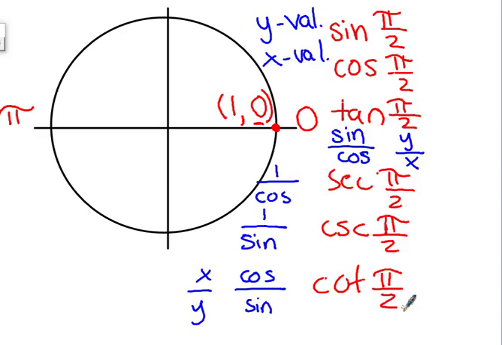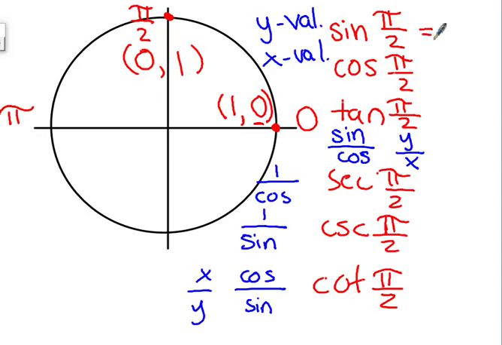Going to the top of our circle, now I'm on the y-axis. So my x-coordinate at pi over 2 is 0. I've gone no units to the left or to the right, so I'm at 0, and my y-coordinate is 1.